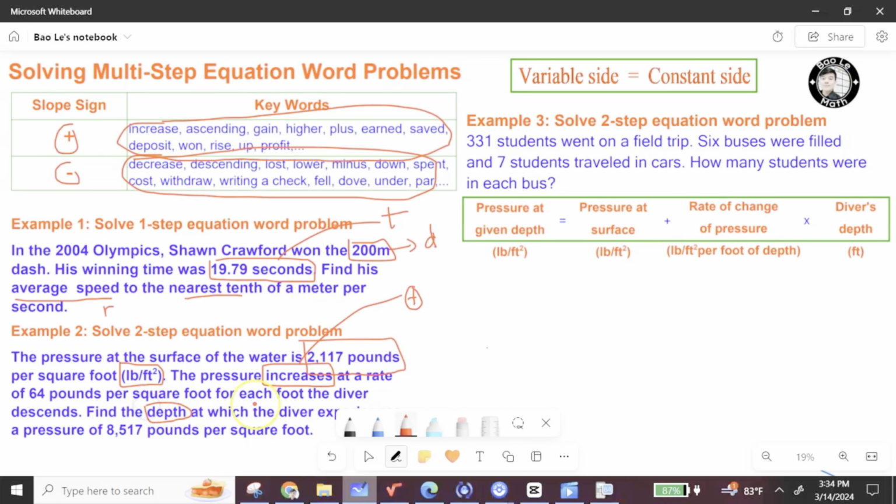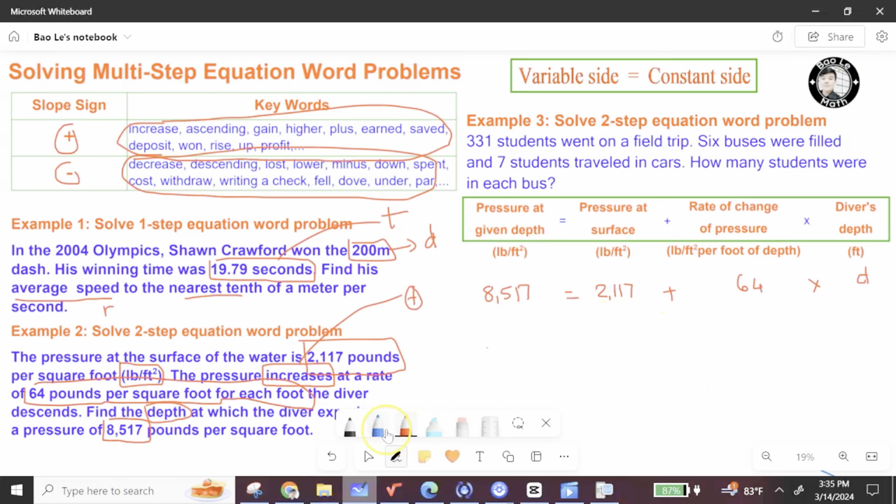We don't know the depth, so we put D. So the pressure at the given depth is 8,517, which equals the pressure at the surface, 2,117 pounds, plus the rate of change of pressure, 64 pounds per square foot for each foot, multiplied by D. Okay, so this is a two-step equation.